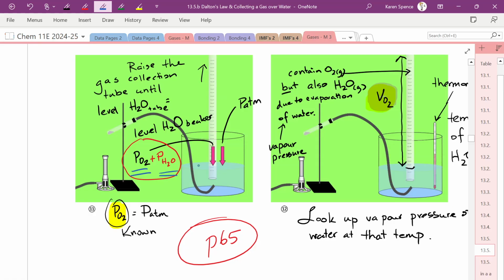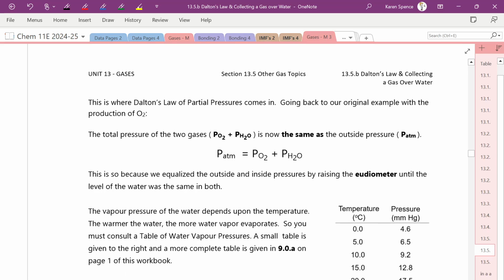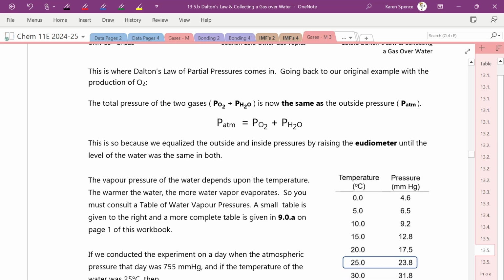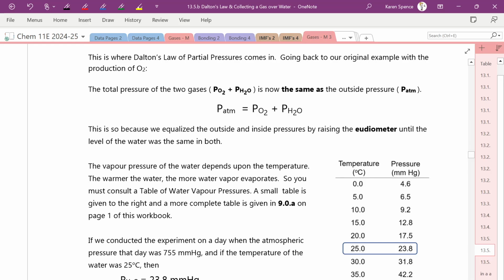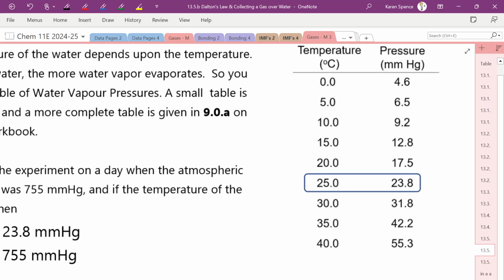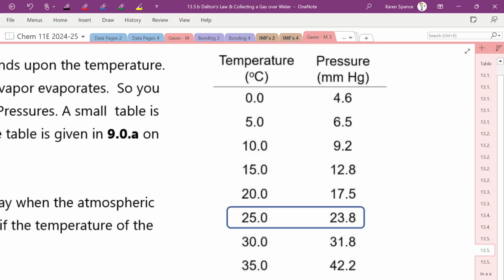We lifted it up and down until the level of the water was the same inside the gas collection tube as in the beaker. So the atmospheric pressure equals the pressure of the oxygen and the pressure of the water. Now, if we know the temperature of the water, and let's say we're working at 25 degrees Celsius, you can look up on a table.